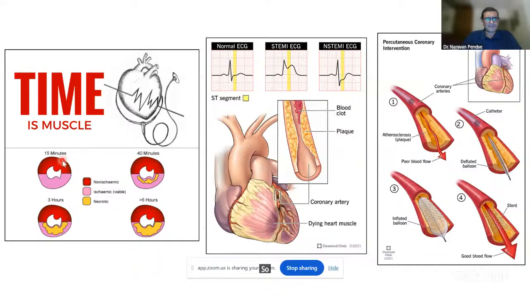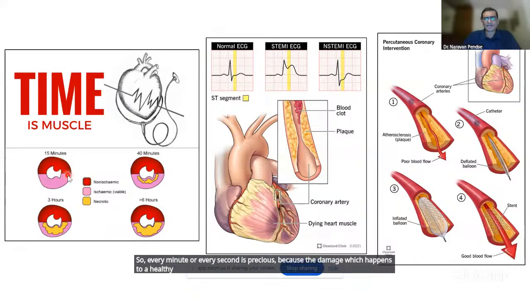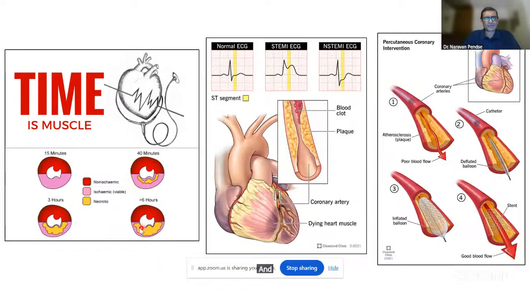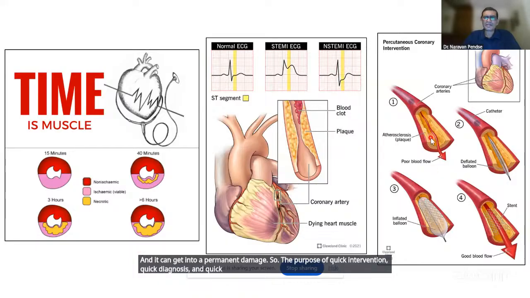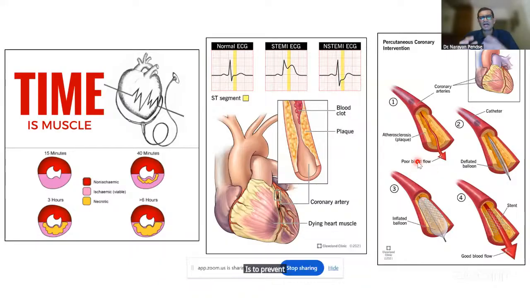So every minute, every second is precious, because the damage to a healthy muscle once the blood supply gets blocked is very quick, and it can become permanent damage. So the purpose of quick diagnosis and quick intervention is to prevent the myocardium from getting damaged.